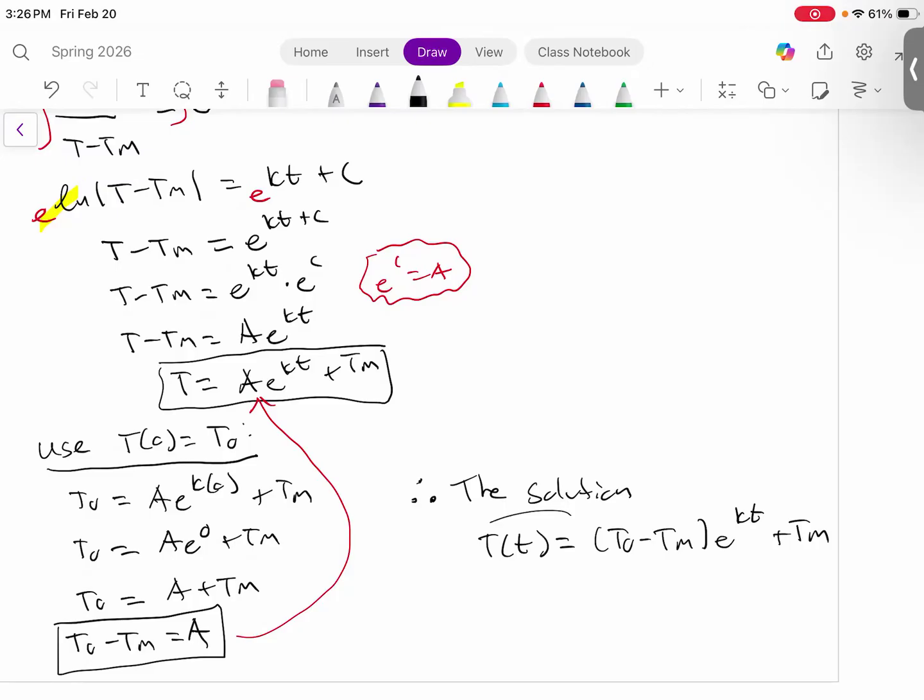So this will always be the solution. Okay, so we can always use it in Newton's law of cooling and heating problems based on what the question is giving us.